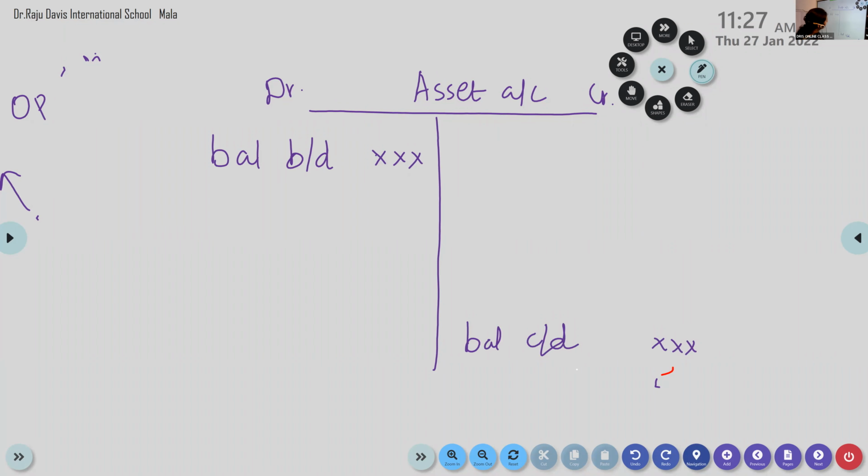Please note this: when you open an asset account, the first thing you have to show is the opening balance and closing balance. Opening balance means the previous year balance in the balance sheet, and closing balance is the current year balance in the balance sheet. So balance brought down is shown on the debit side, balance carry down is shown on the credit side.